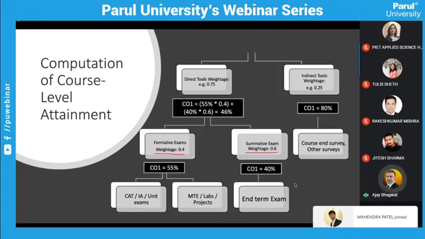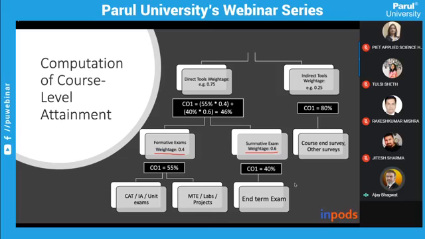And likewise, you will get CO1 attainment from indirect tools, because there will be some questions asked in the course end survey which were related to CO1, and then you will get some percentage of attainment from there as well.